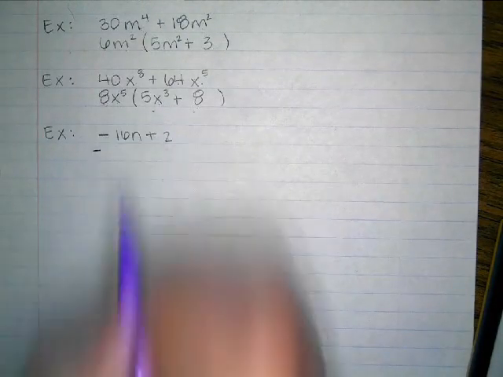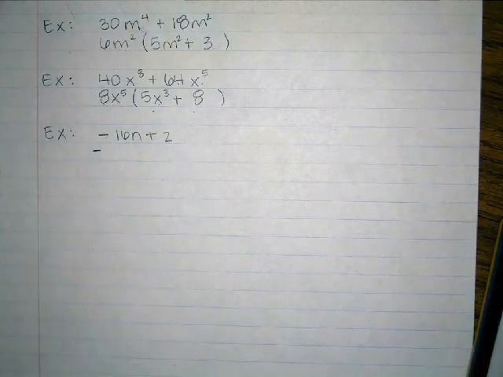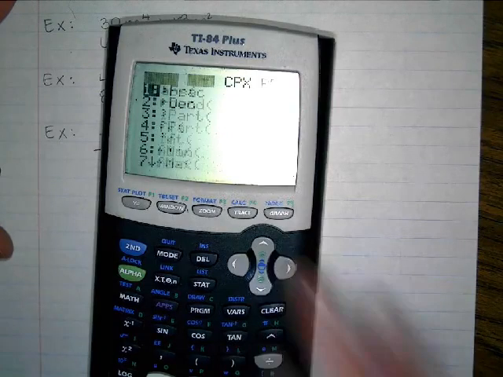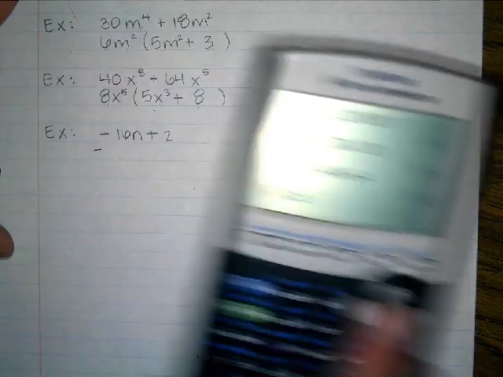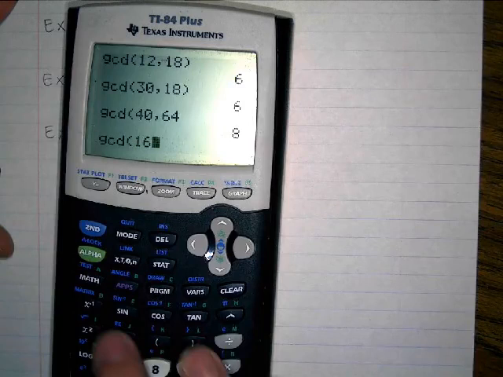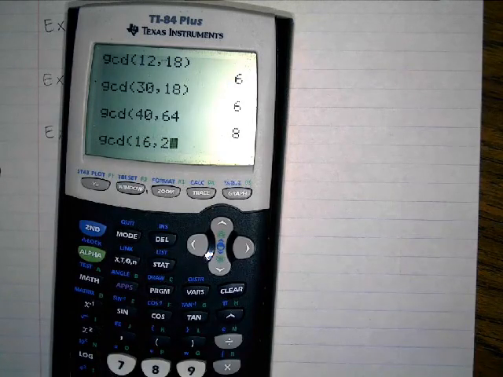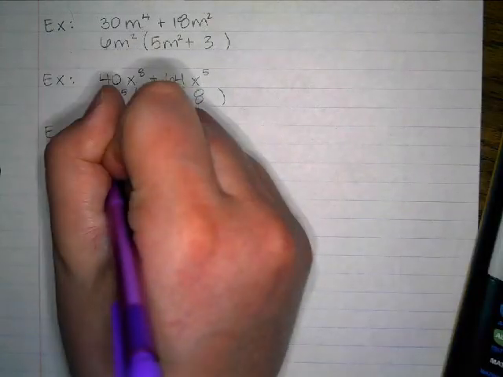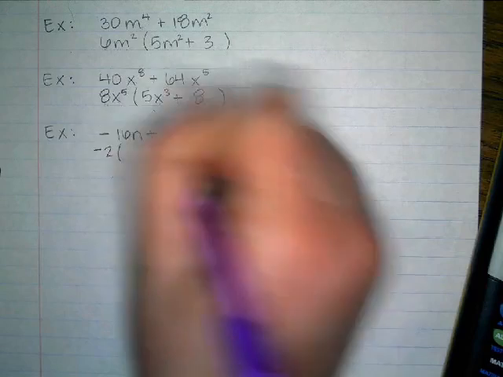Okay, so now we're going to look at the numbers. We're going to hit the math button, go over, press 9, and see what's in common between 16 and 2. And you might already know what's in common. Yeah, 2 is in common. So we're going to take the 2 out. And then we have 2 terms.